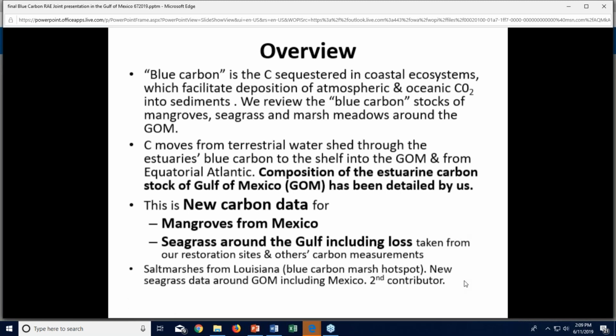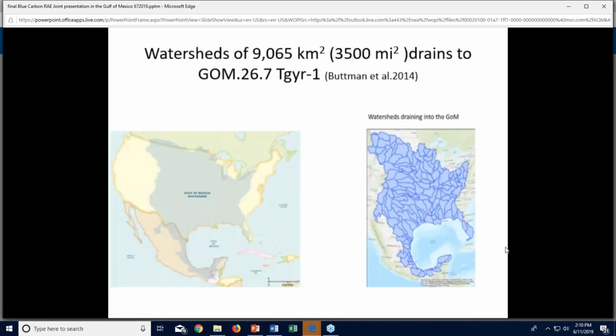There were two stimulatory events, and one was the oil spill, which really stimulated salt marsh research in the upper part of the Gulf of Mexico, where so much of the oil was spilled by the BP Macondo spill.